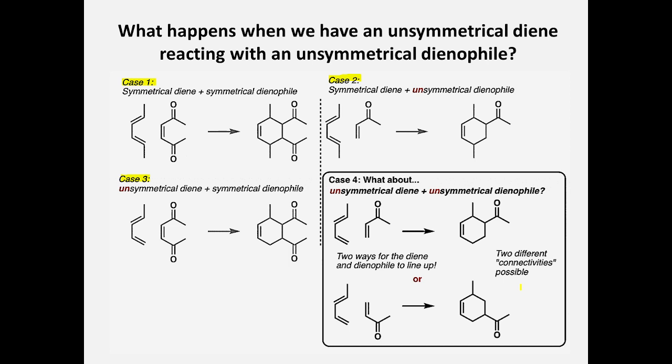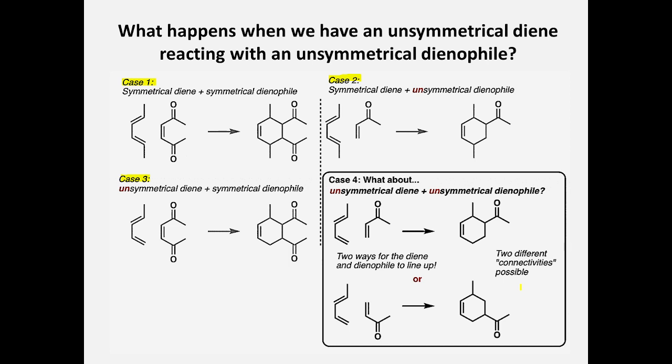Now since these two have the same molecular formula but differ in connectivity, they are called constitutional isomers. And the big question that comes to our mind is whether in this kind of Diels-Alder reaction these products are formed in roughly equal ratios, or is there any preference? The very brief answer is yes.